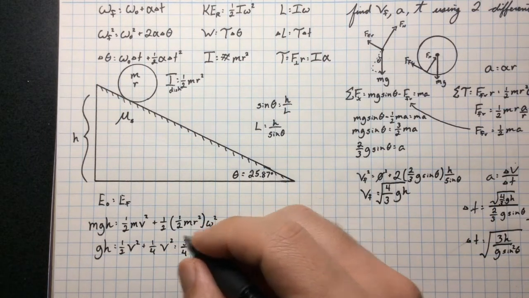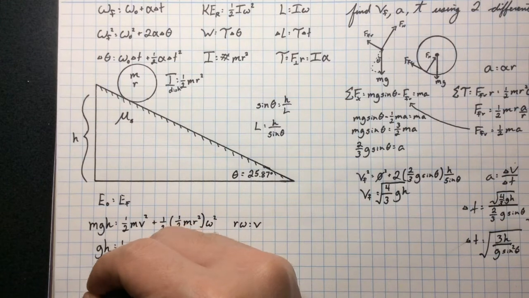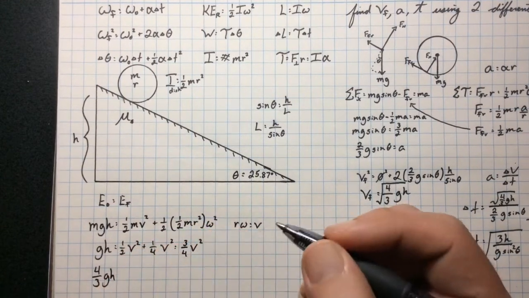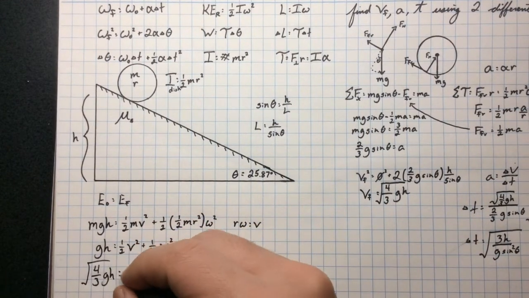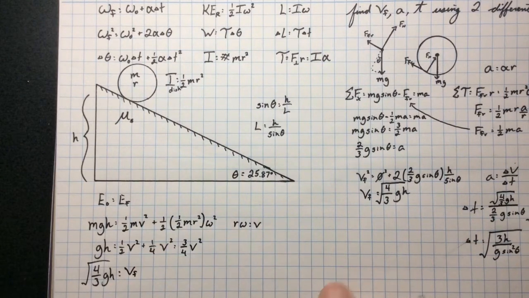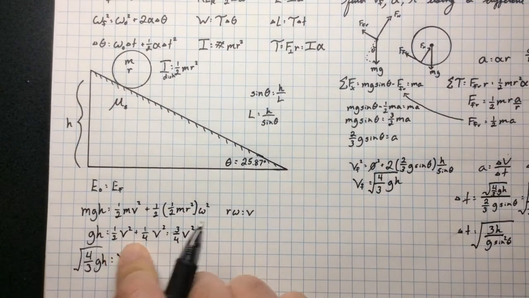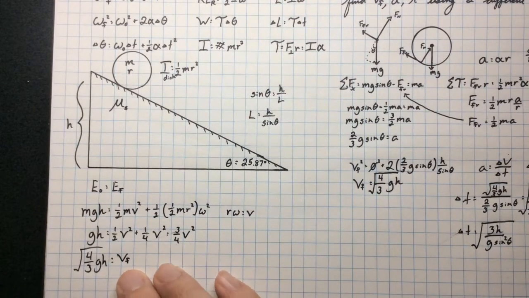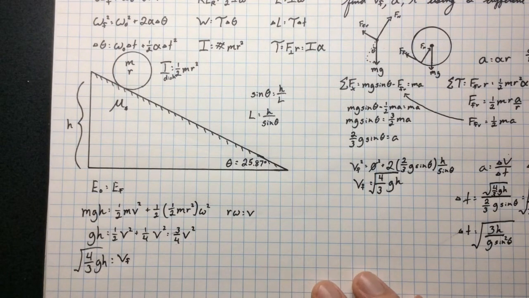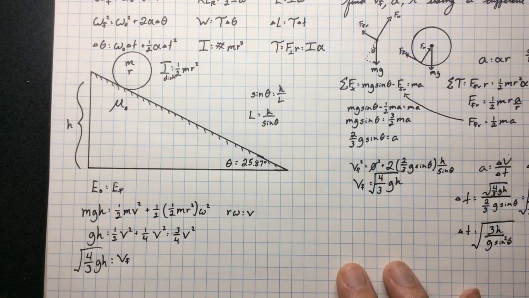Hey, look at that. The square root of 4/3 gh is our final velocity, and we got it right over here. We can run through the exact same kind of steps to find the acceleration and time, maybe?